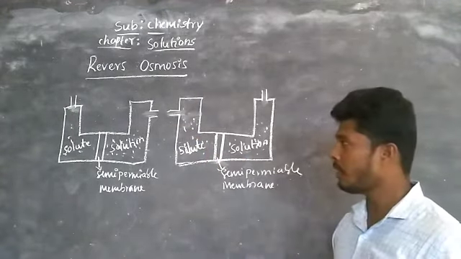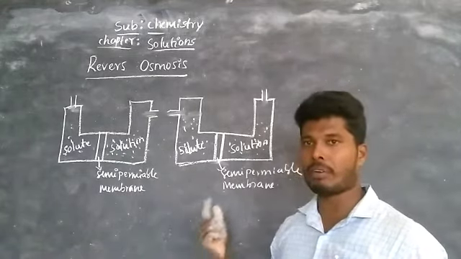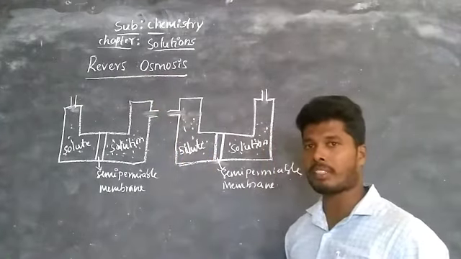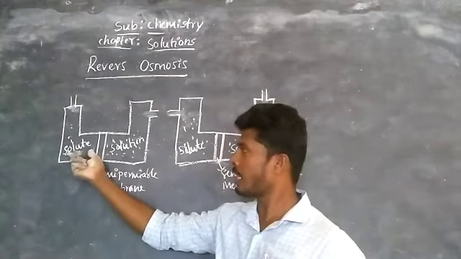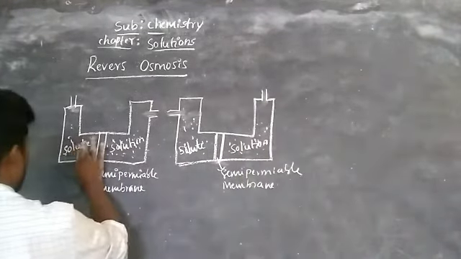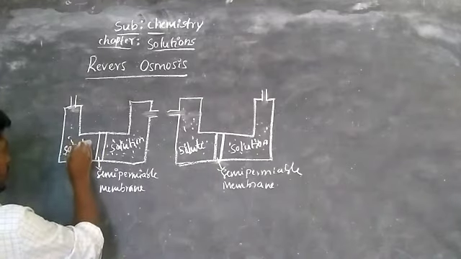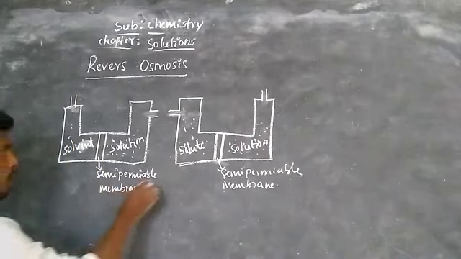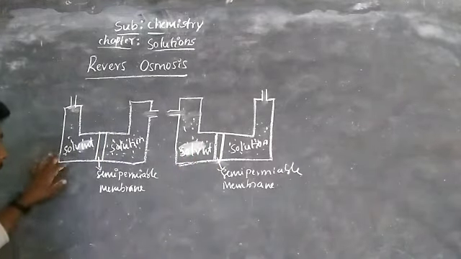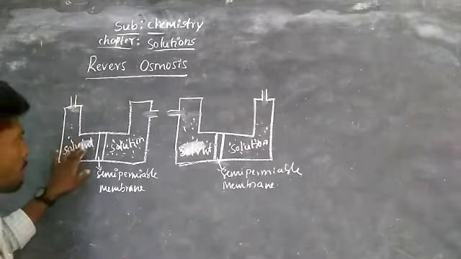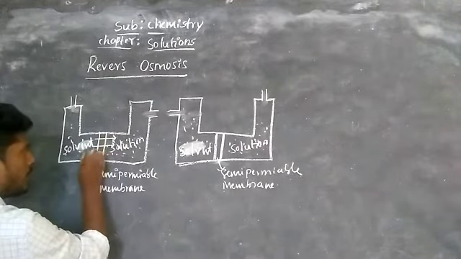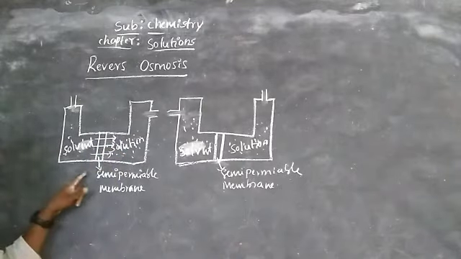Okay. So here observe, first we revise the definition of osmosis. Osmosis is nothing but the flow of solvent particles, not solute, from the solvent to the solution. The flow of solvent particles from the solvent to the solution is called what? Osmosis.